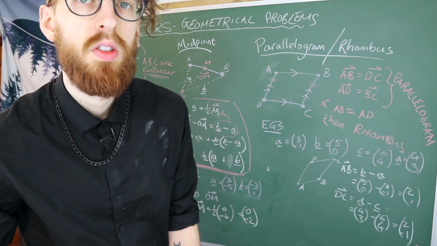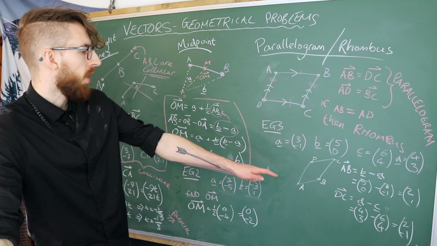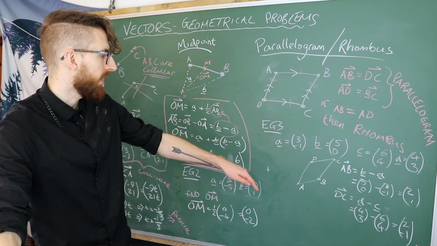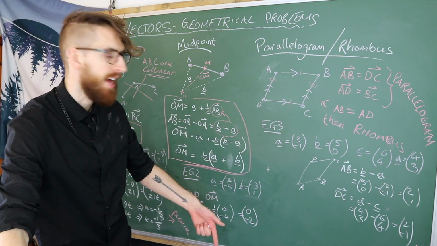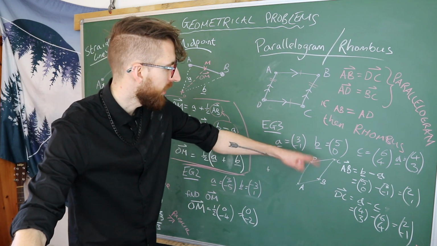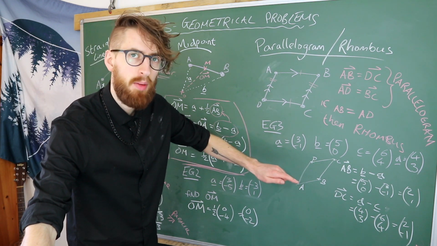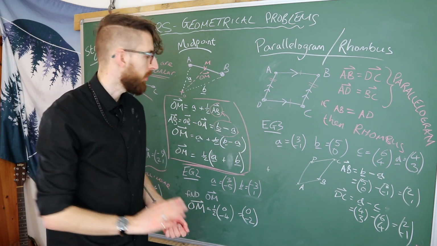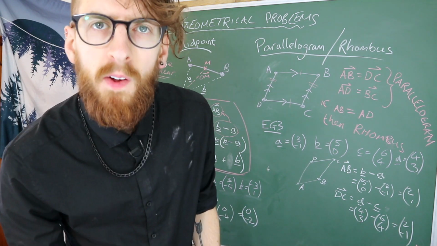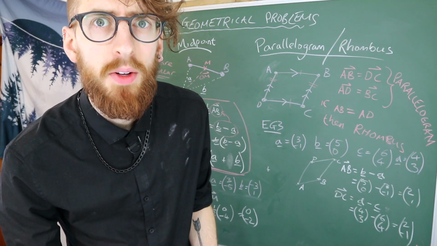Only just. So what we've got is that AB and DC are the same. Now I'm going to do it again because I need to work out if AD and CB are the same. I'm going to do the exact same process, but since I'm running out of space, I'm going to get rid of our little drawing.